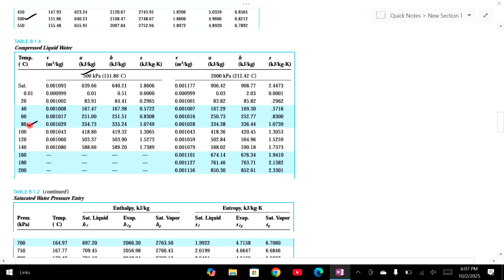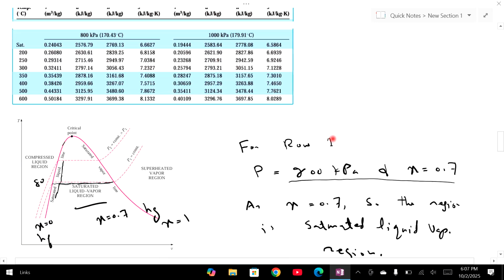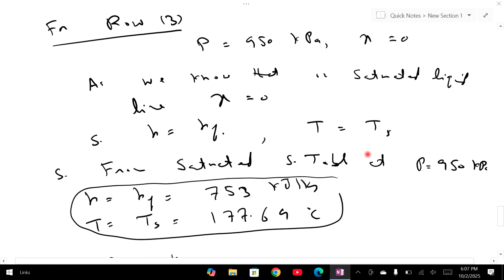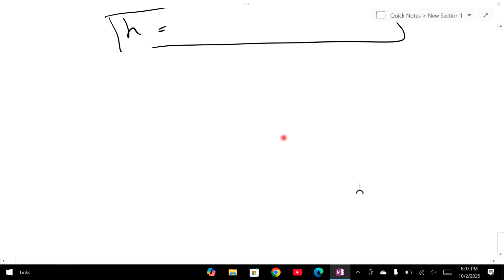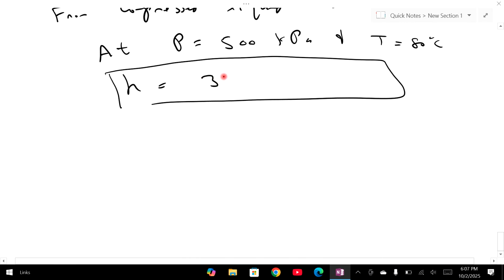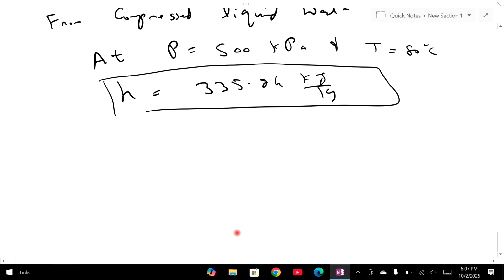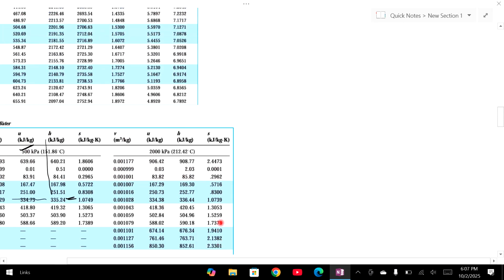So at 80 degrees centigrade and 500 kilopascal, enthalpy is 335.24 kilojoule per kg. Now write this in the table. So row 4 is completed.